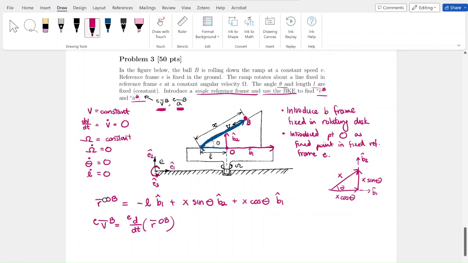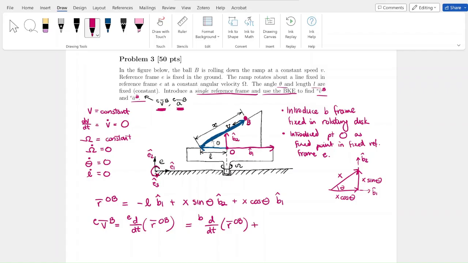So we said that it's the derivative of the position with respect to the fixed frame. So how do you do the BKE? The BKE states that this derivative is going to be equal to the derivative of the vector that you're interested in, in the frame that it is currently written in. So currently we have written ROB in the B frame. So we write it as the derivative of the position vector with respect to the B frame.